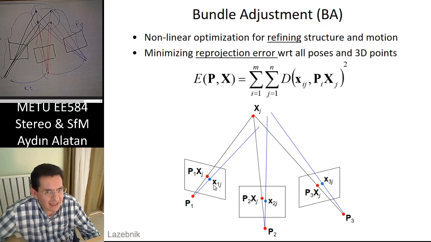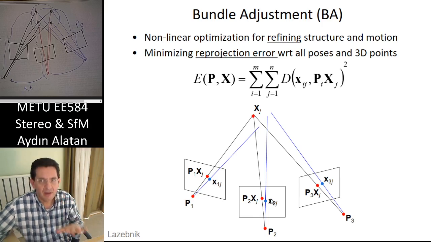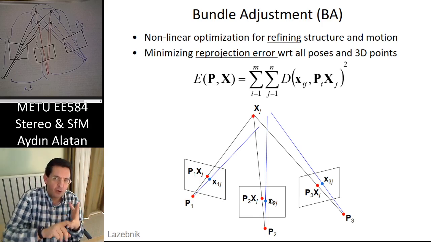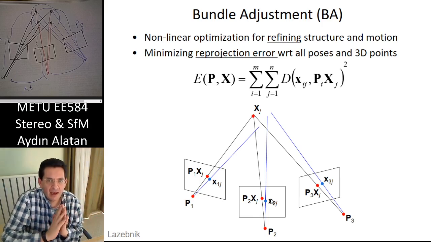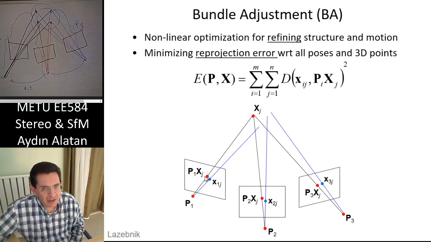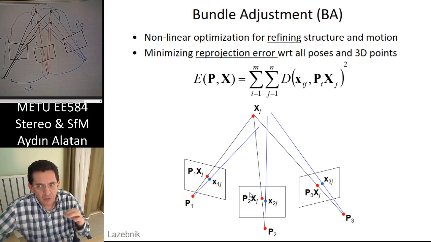As you can see, these blue points are measurements. They don't intersect. They are erroneous. They are not precise. But these points, the red ones, beautifully satisfy projections. Hopefully, they are nearby.